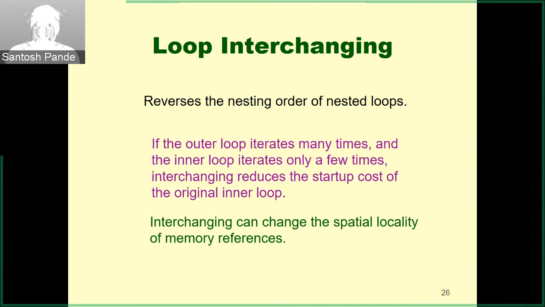But imagine the reverse, that the outer loop is going along a column and the inner loop is going along rows, which means we are doing a column major kind of operation. We are staying along a column when we execute the loop. Very rarely will any matrix be laid out in memory in a column major manner.